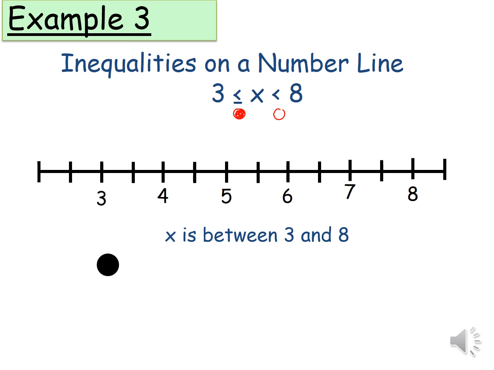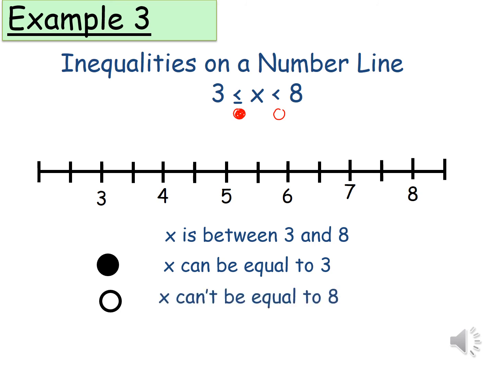Now, my second circle, x is less than 8, so that won't be full because it can't be equal to 8. So it can be 3, 4, 5, 6, or 7, but it can't be 8.